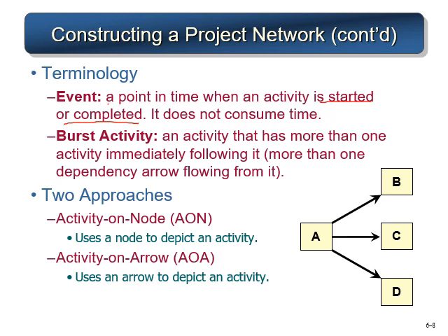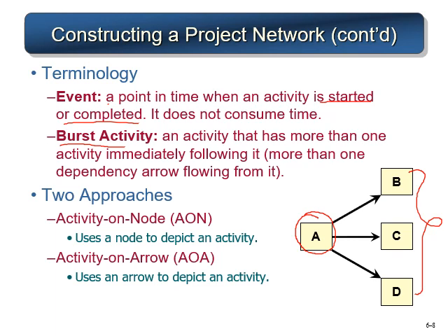Next concept is a burst activity, an activity that has more than one immediately following activity. Over here A is the burst activity because B, C and D depend on A. B, C and D cannot be started unless activity A is completed.